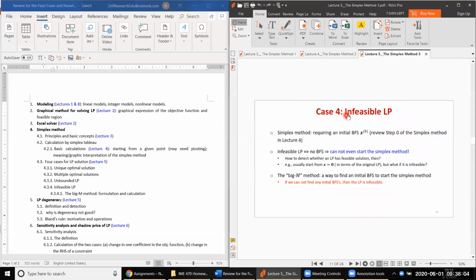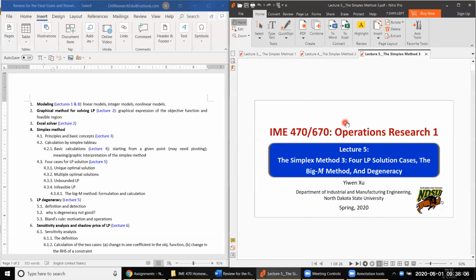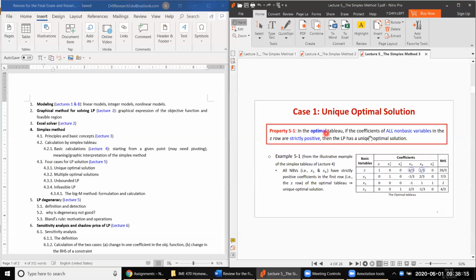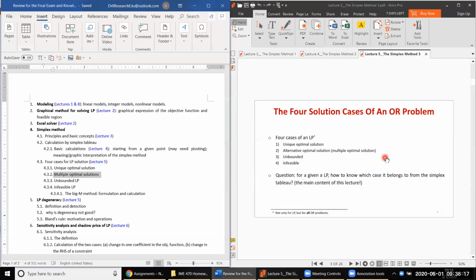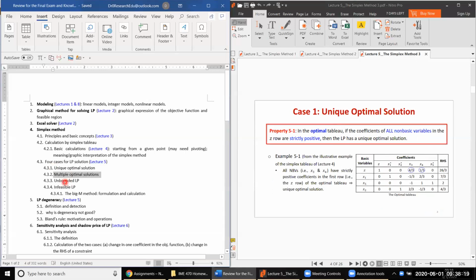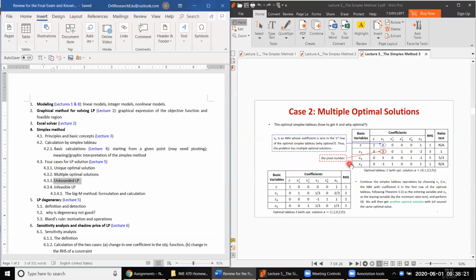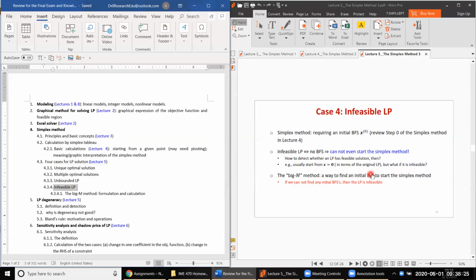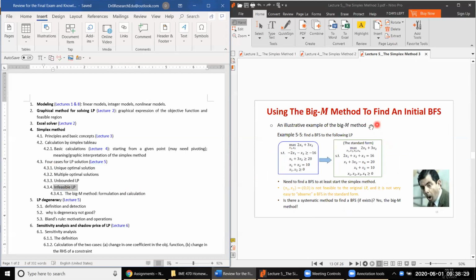Then after that, we mentioned something tricky about the simplex method. Here we mainly discussed 4 cases: unique optimal solution, multiple optimal solutions, unbounded LP, and finally infeasible LP. For the infeasible LP, we mentioned the Big M method, the formulations and the calculations.